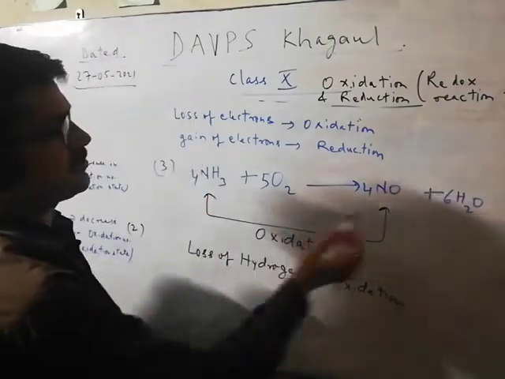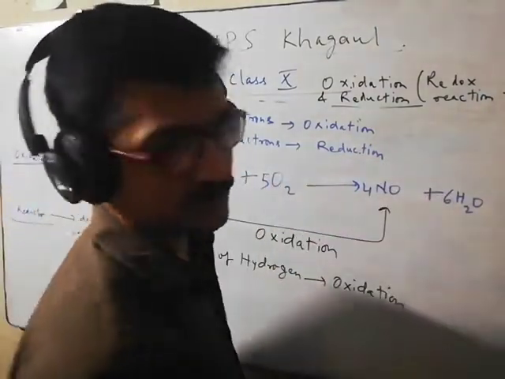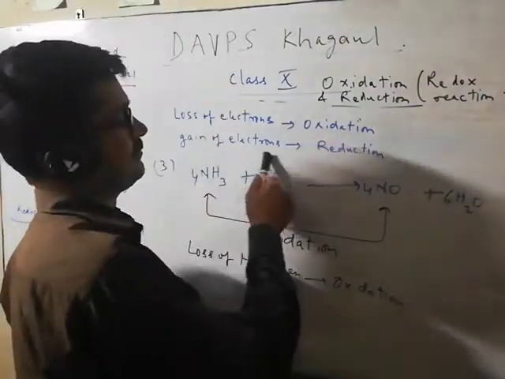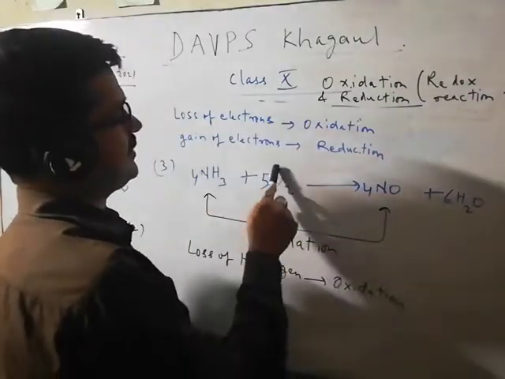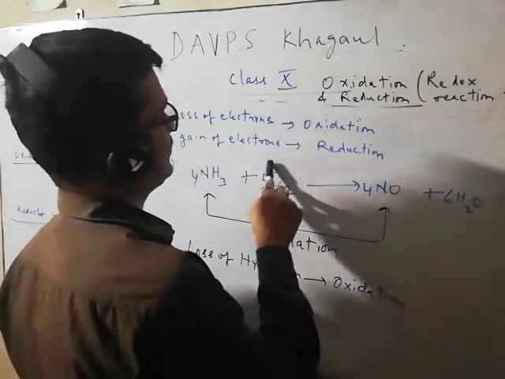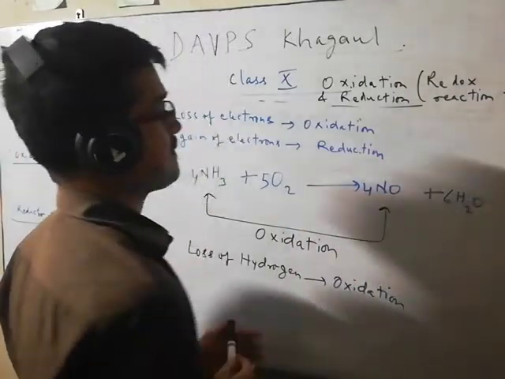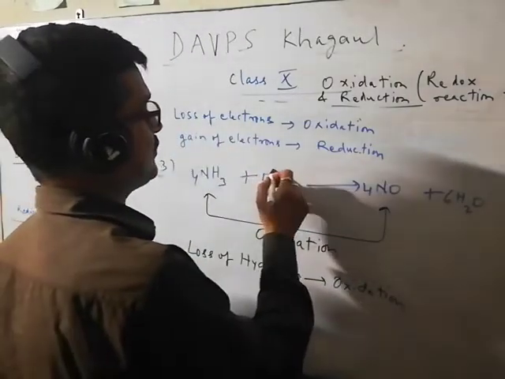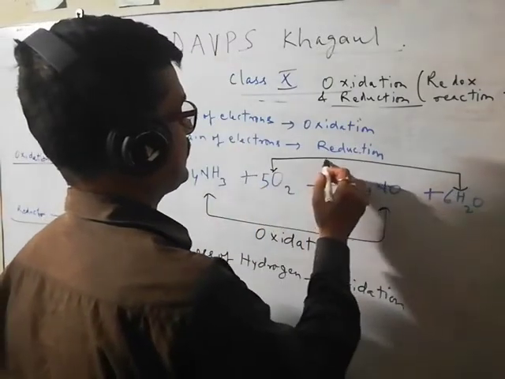So where is the reduction? Is there any reduction here? Now see, oxygen is getting hydrogen, so addition of hydrogen is taking place.